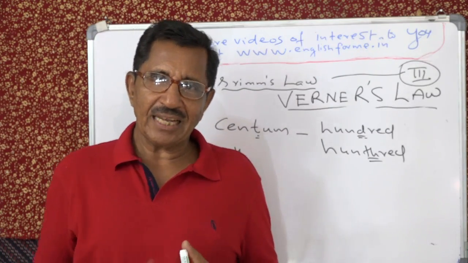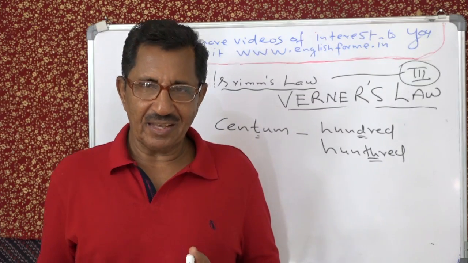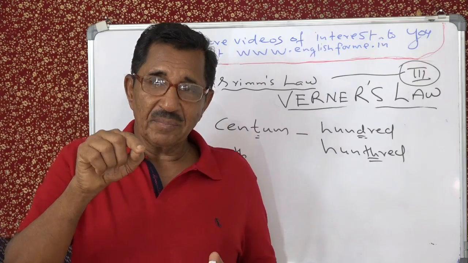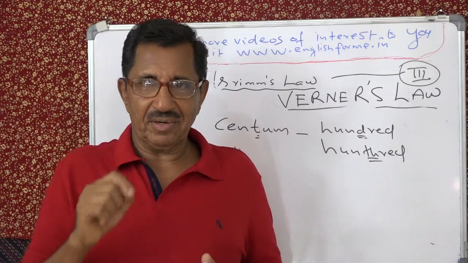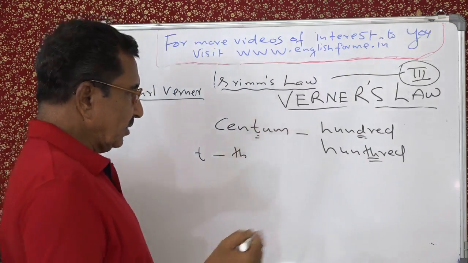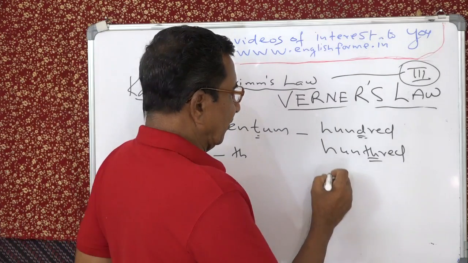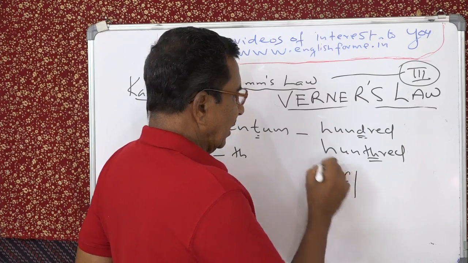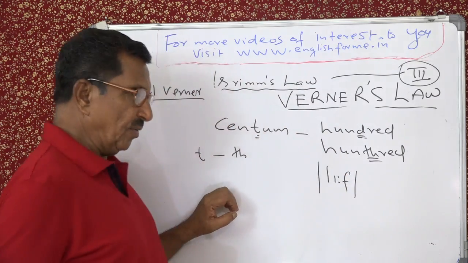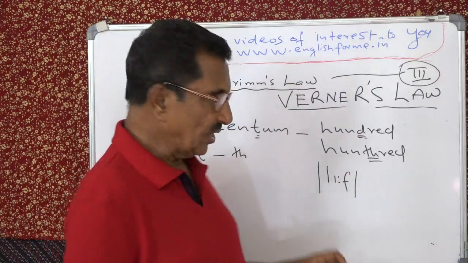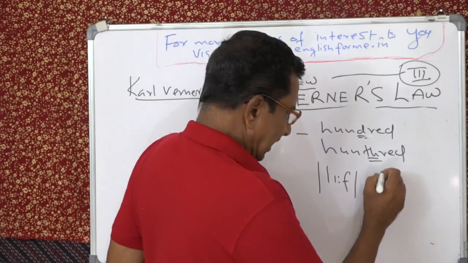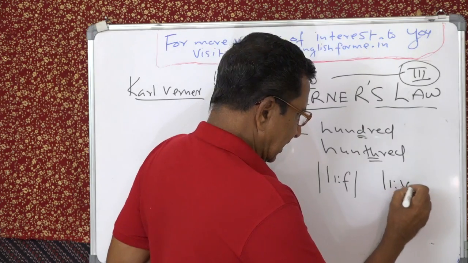Now I can give you an example in modern English, where a voiceless sound becomes voiced because of the phonetic environment. See, here is an example. You see, we have got a leaf. Now, the plural is not leafs, but we have got leaves.